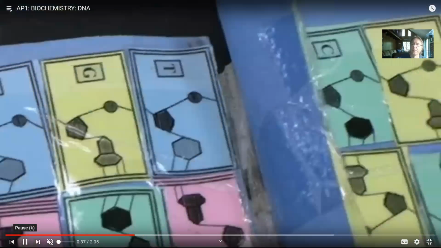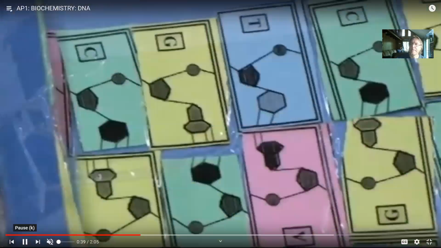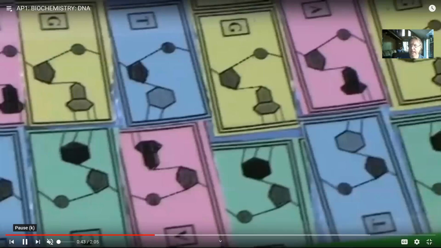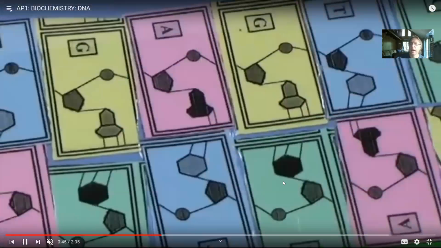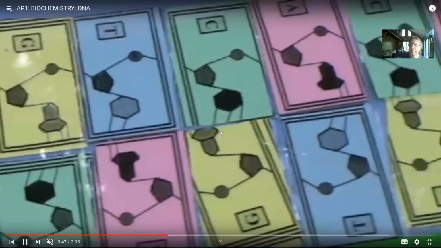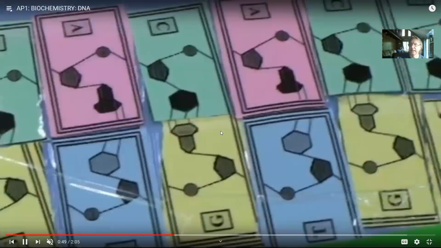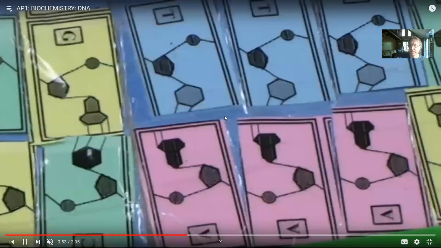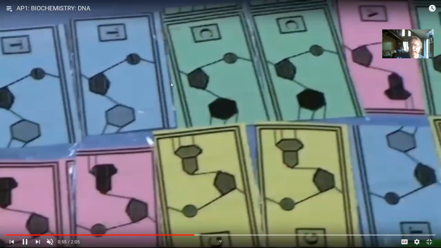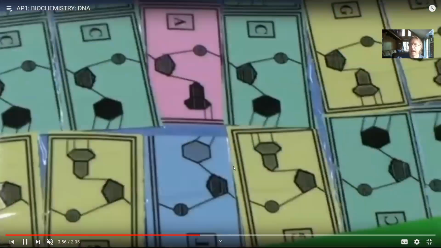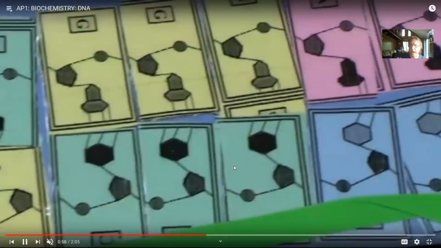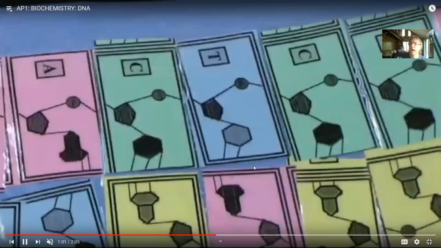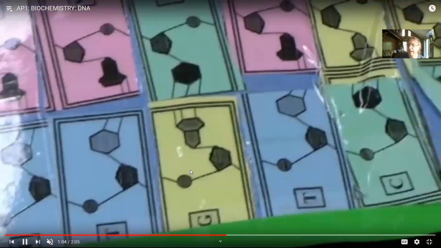There are more than 3 billion nucleotides in this code, and this code is made of these double helixes, where one strand's thymines bind to the other strand's adenines, cytosines bind to the other strand's guanines, etc. And there is information here.